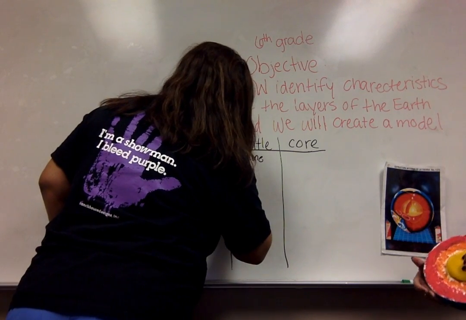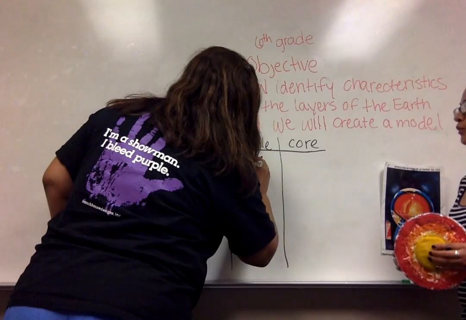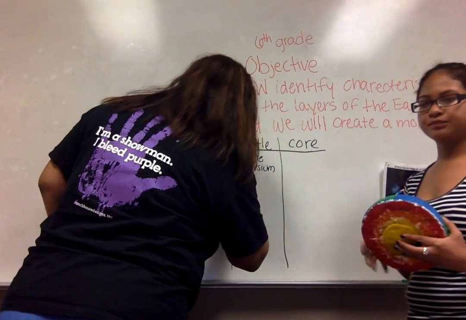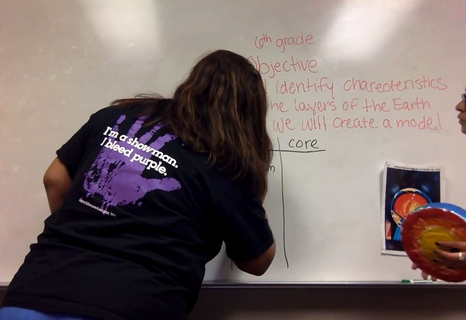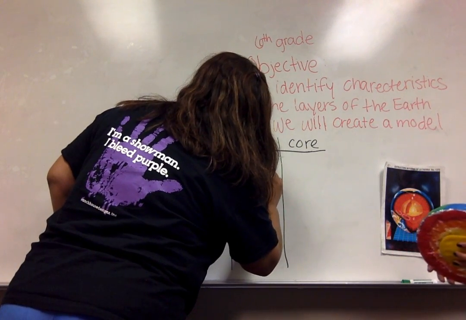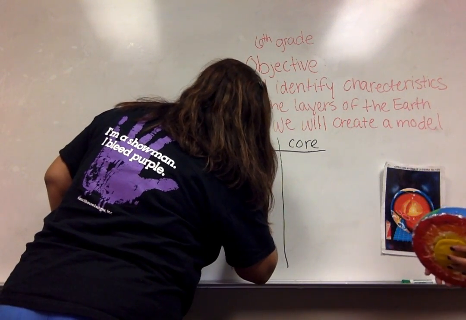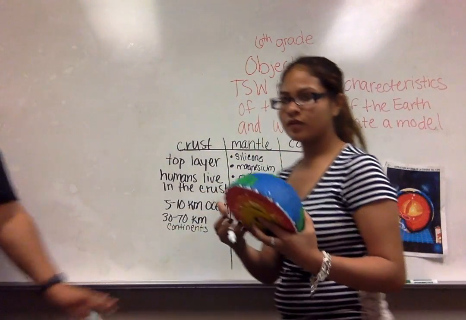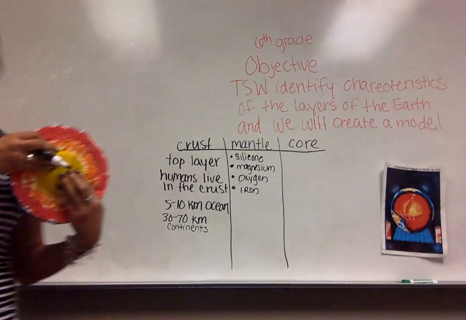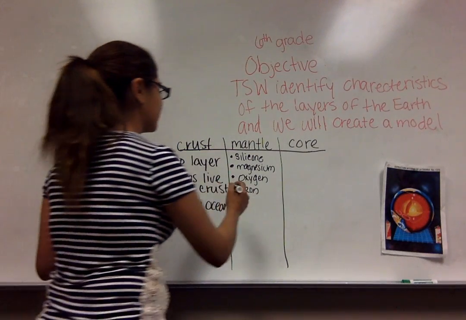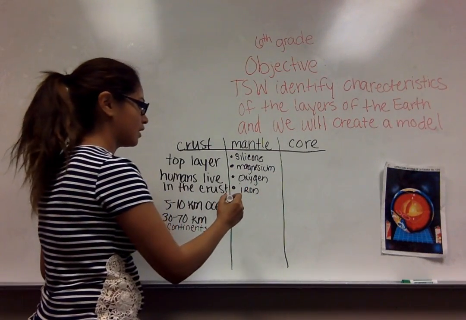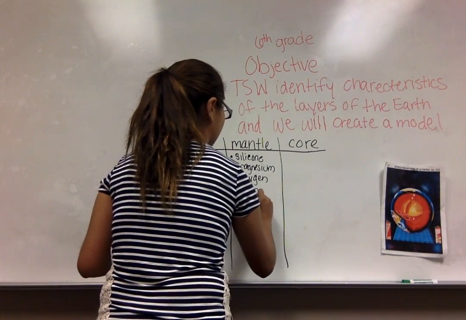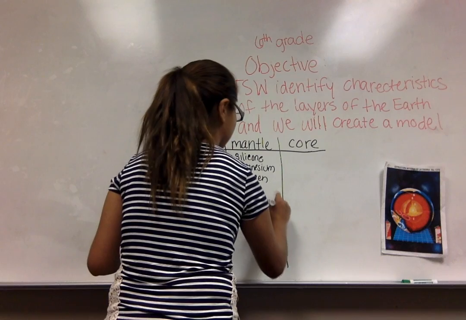Silicon, okay. Magnesium, very good. Oxygen. And iron, very good. What else do we know about the mantle? That it's more than 60% of it. Okay, yeah, it is 2/3 of the Earth's mass.